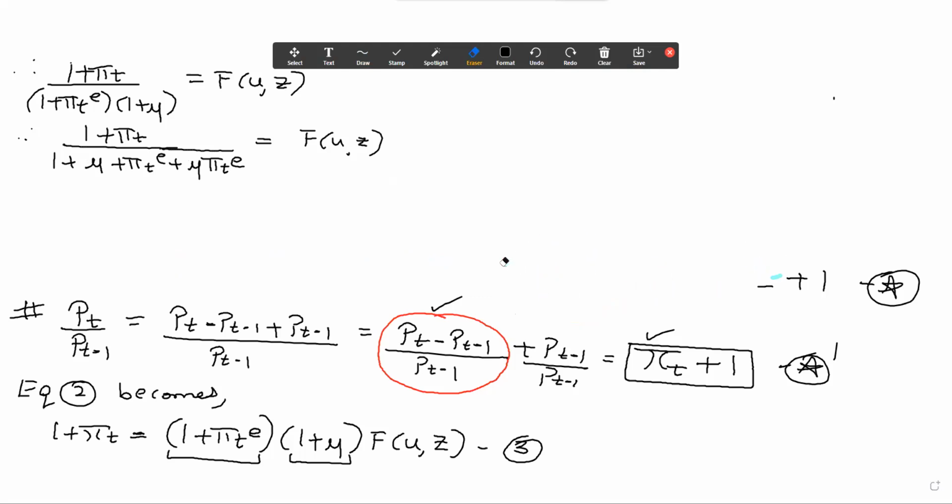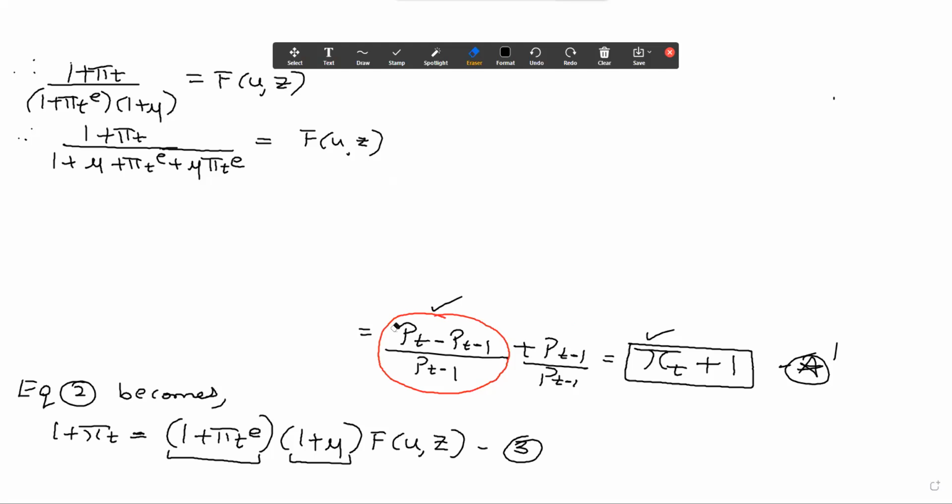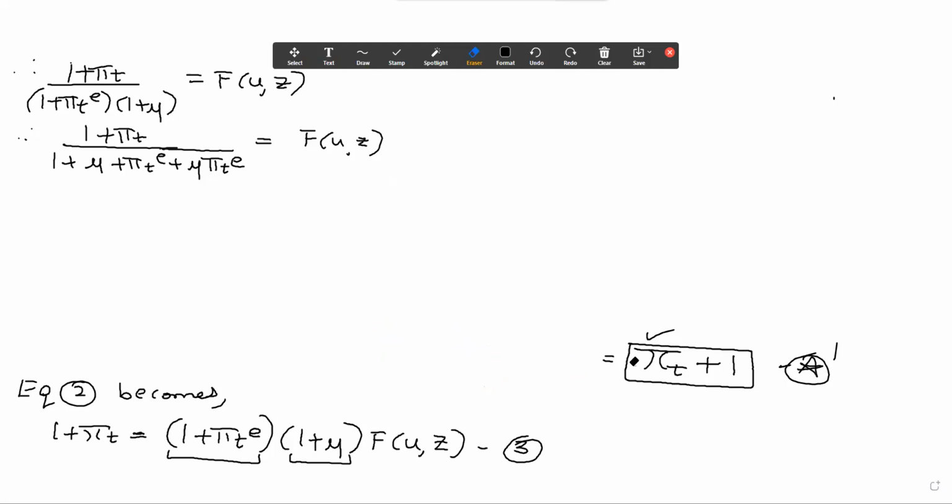Okay, so let's move forward. Erasing all this. Now, guys, look at this. Consider the term.